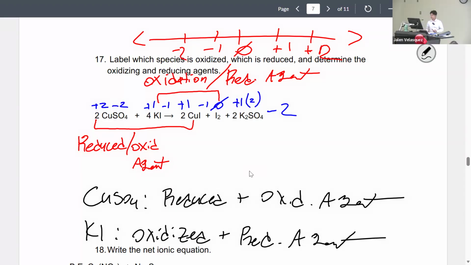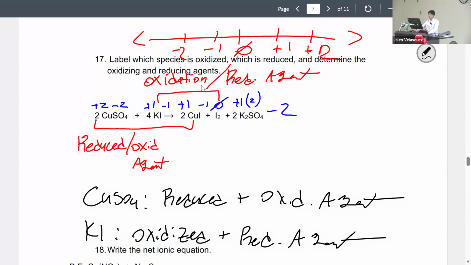Okay. So just the agent part, it's always going to be opposite of whatever is happening there, right? So why is that? Let's look at the KI, for example, right? We said potassium iodide was oxidized, right? So that means it lost electrons, right?